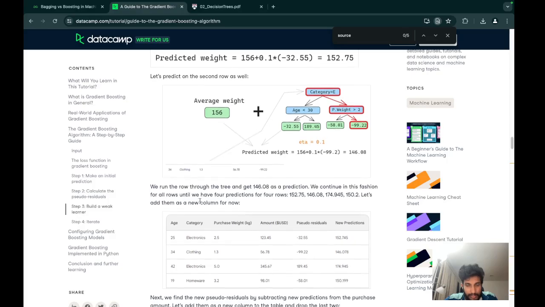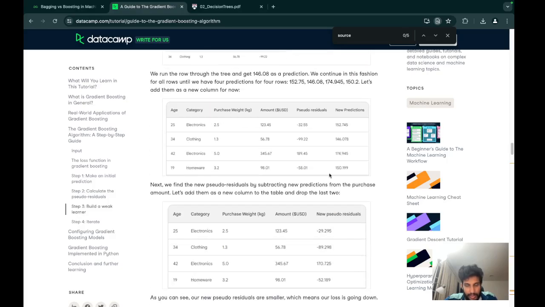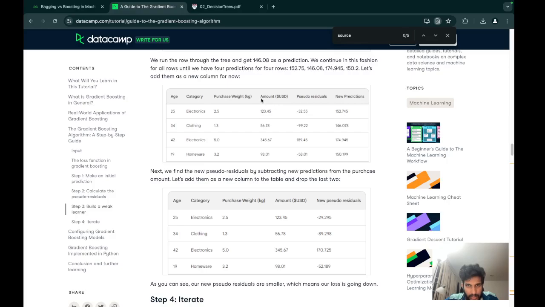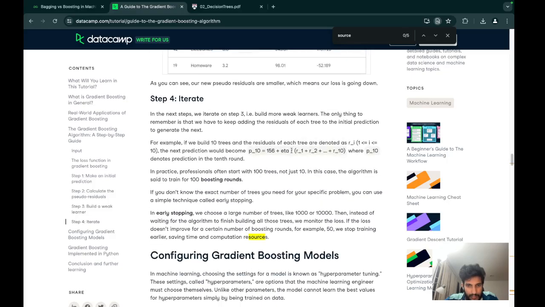We now run through the tree and get 146 as a prediction. We continue in this fashion and get these new predictions. Taking the new pseudo residuals, we're taking the difference between these two, I'm assuming, which is about right.